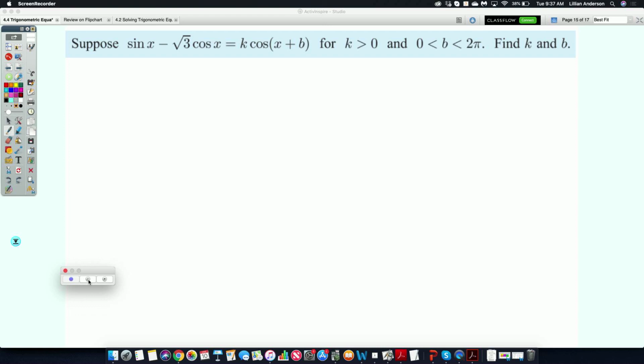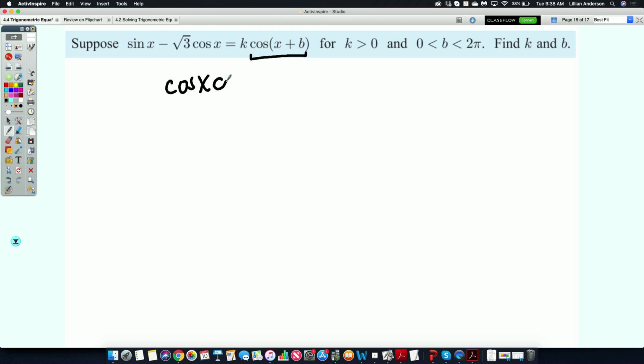Cosine? Okay, I can definitely take this part right here and I can use that expansion, right? So that becomes cosine x cosine b, then sine x sine b. What's in between them?